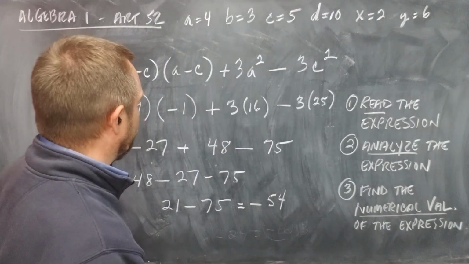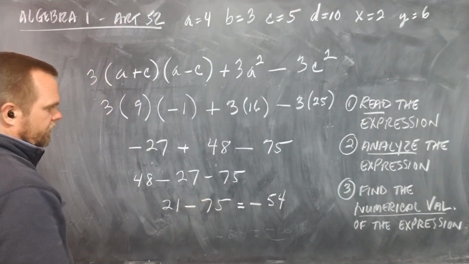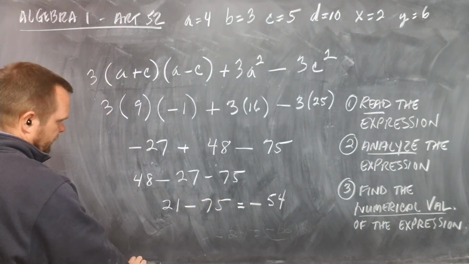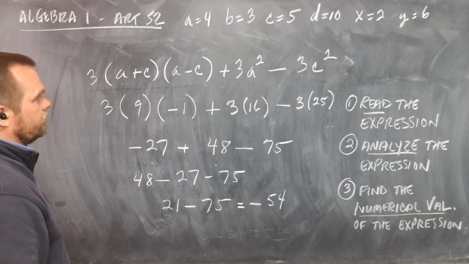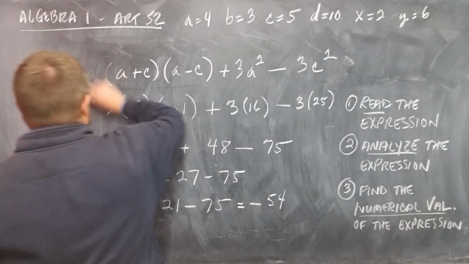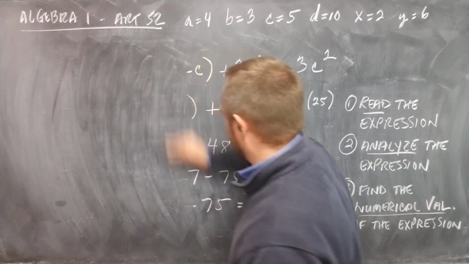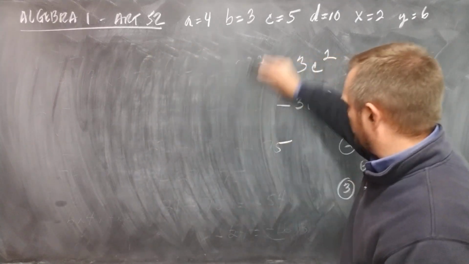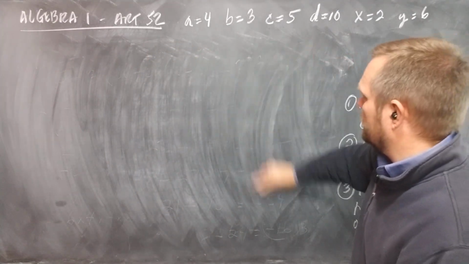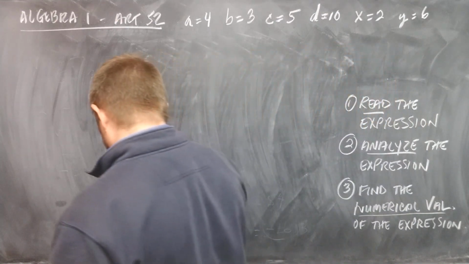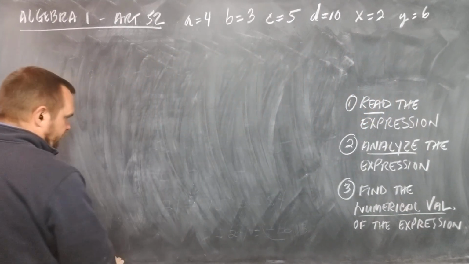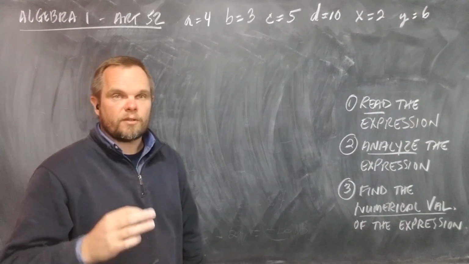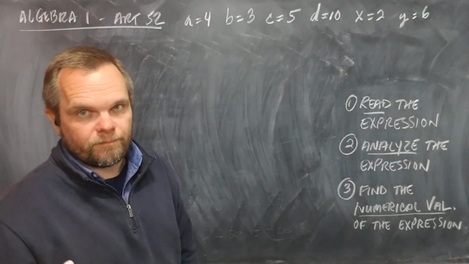Yes, number 12 is negative 54. All right? Now time for our last exercise of this first video. Number 13. And again, I'm moving quickly only because you can back up and take your time. So don't feel stressed.